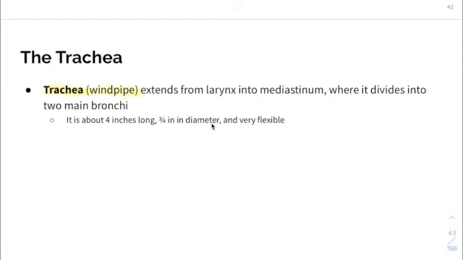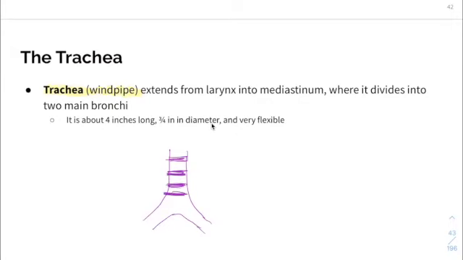So that trachea that comes down, it's going to split off into a right and a left. This is our trachea, so we've got lots of cartilage in here, those tracheal cartilages, all the way down.